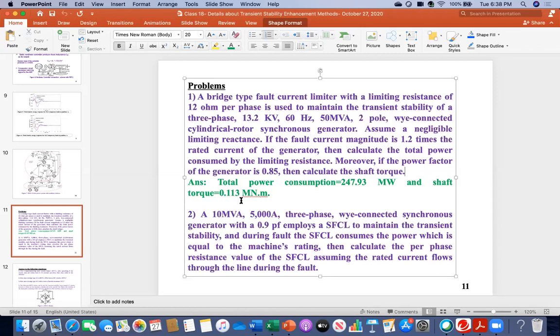Can you repeat, Amani? Sure, I got 0.156 for the torque. My power value is 58.82 mega and my speed is 376.8 radian per second.